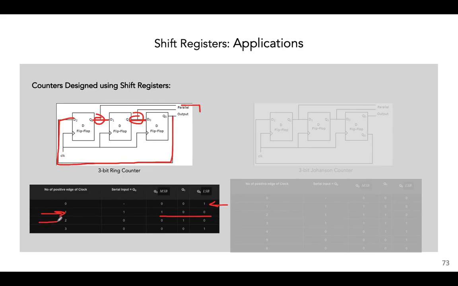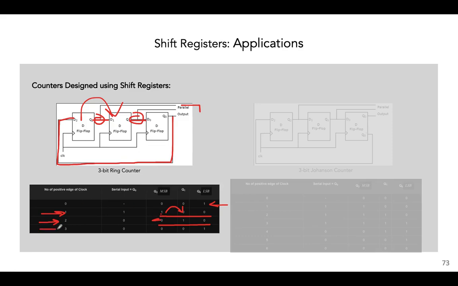At the application of the next clock pulse, what happens? This one will move one position to the right. That's how a SISO register works anyway, right? So this one has now moved to this position, and that's why we get this. This 0 will move back here, and that's why we have a 0 here, right?